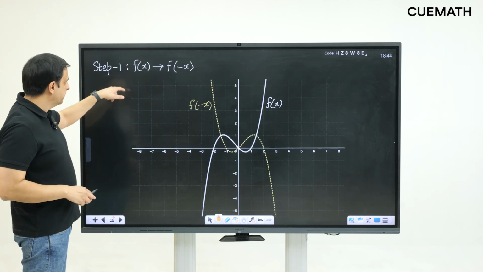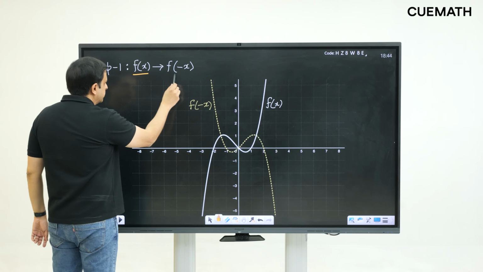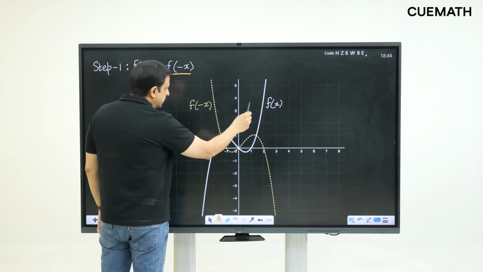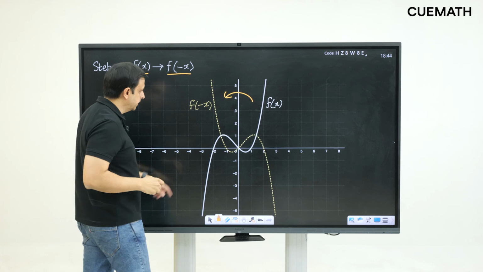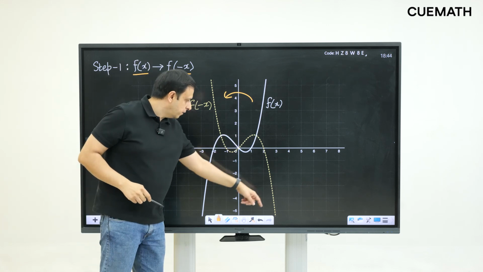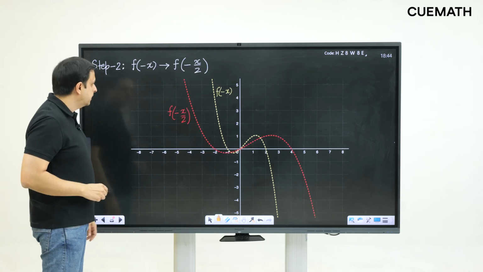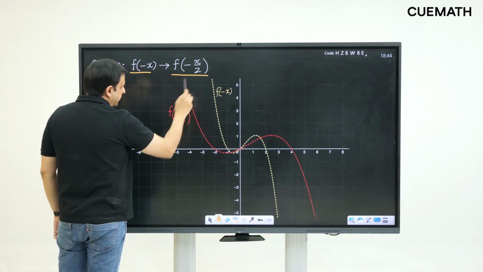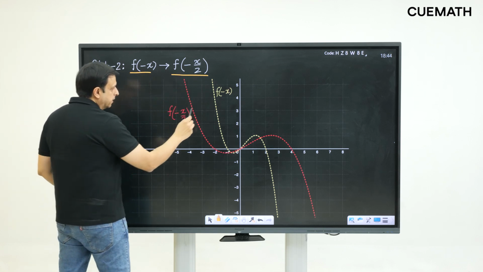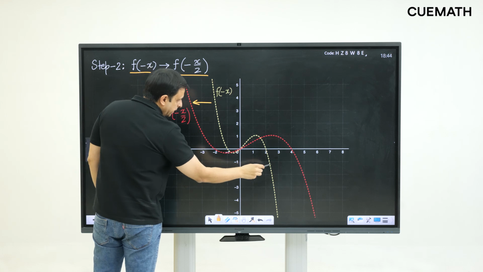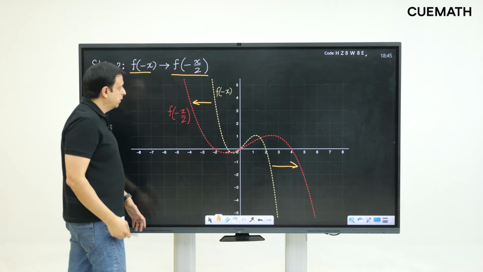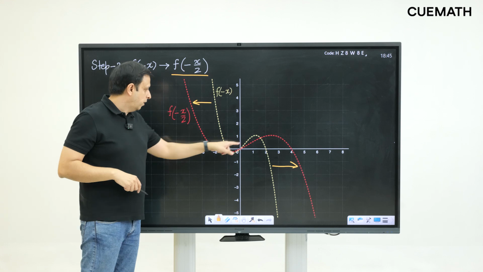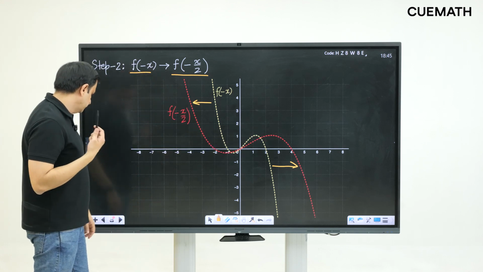So first, step 1, I am modifying f(x) to f(-x). That is a reflection about the y-axis. Then I am transforming f(-x) to f(-x/2). That is a horizontal stretching of the function by a factor of 2 or using a factor of half, and that gives me f(-x/2).